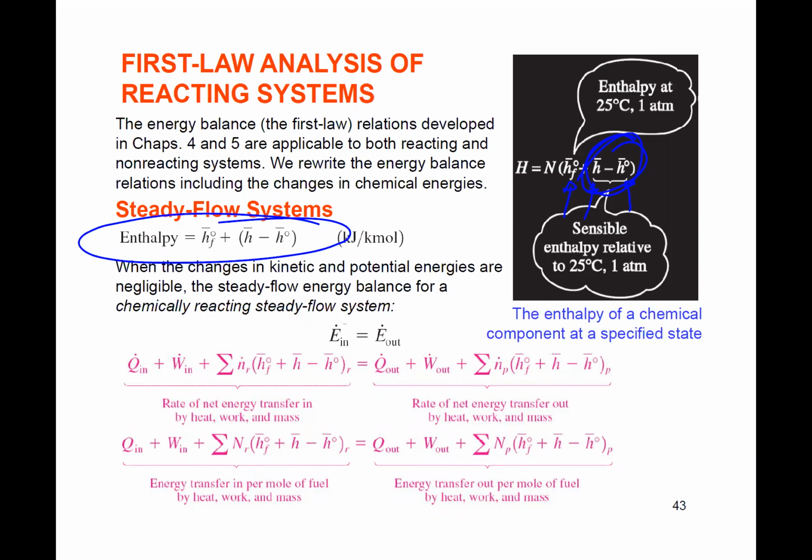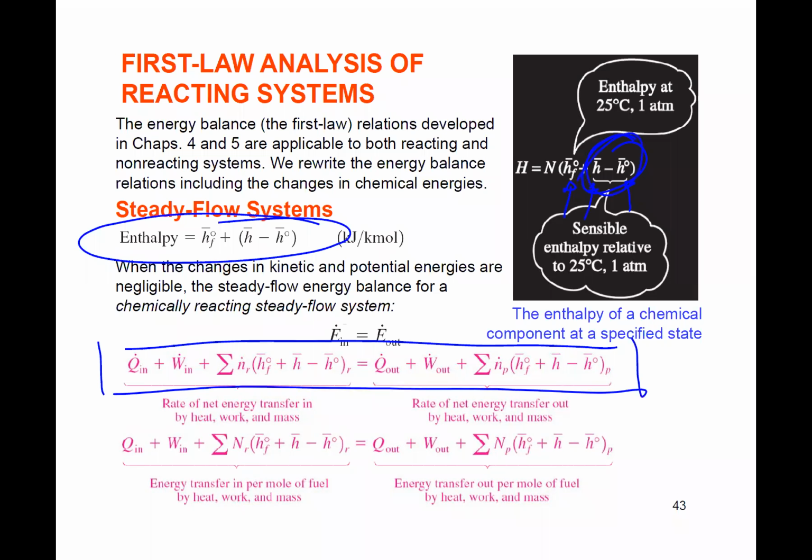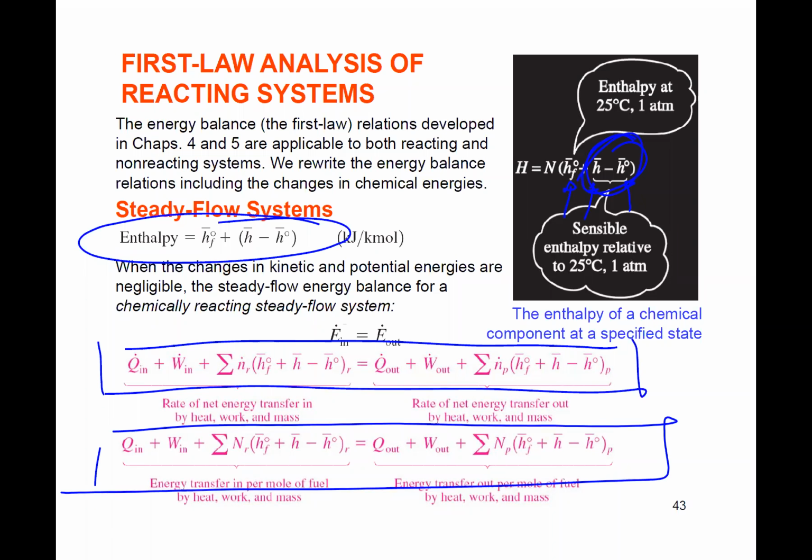All right, conservation energy, we have it with rates here, or really what we end up using is this version, which is all per kilomole of fuel, because we can always just scale it with some molar flow rate of fuel, or we know this many moles of fuel, then we get this much heat. So heat would just be units of, say in this case, kilojoules per kilomole of fuel, right?